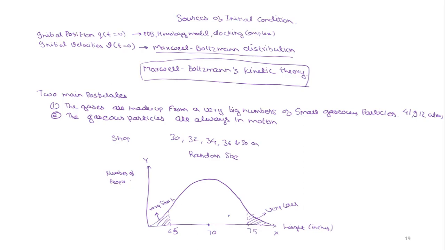The point is that if you end up working on a problem where you have to deal with a very high number of observations or data points, for example a system where the particle number or number of molecules is very high, then finding individual particle properties becomes very difficult.